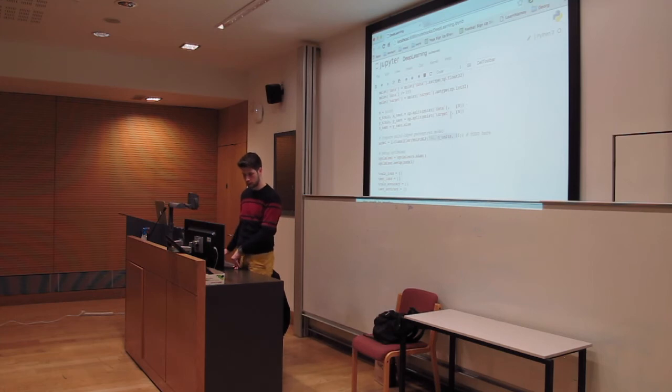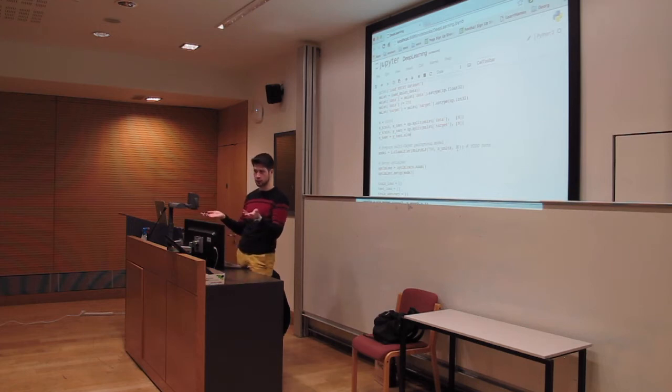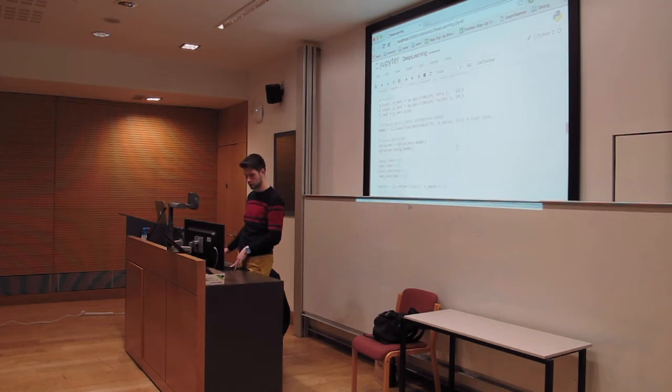It's 28 times 28, so in total that's about 780 input pixels. This is the number of hidden units, which is a parameter which we change here. And the output is 10, because we have 10 possible classes, the digits, and our network outputs the values, the guesses for 10 different classes.